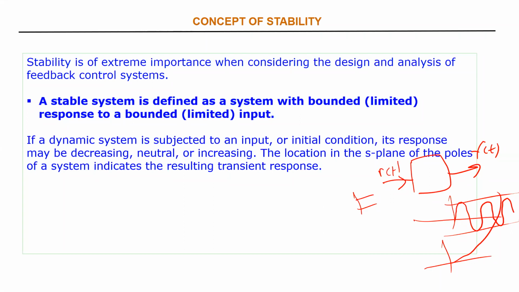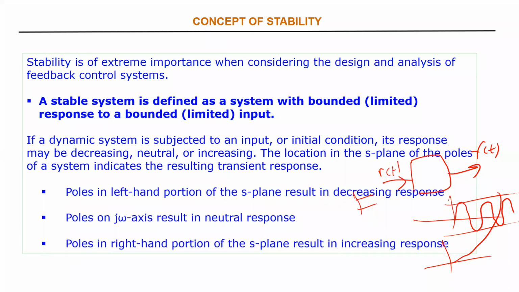The test for it is that the poles of the system must be in the left half plane. If the poles are in the left half plane, then my system is stable. This is the test, but the definition is the bounded input, bounded output criterion. Any question?